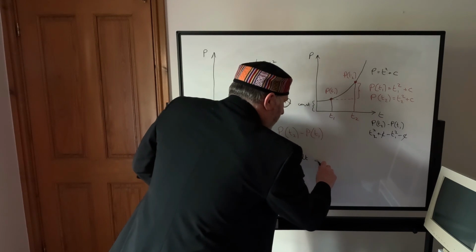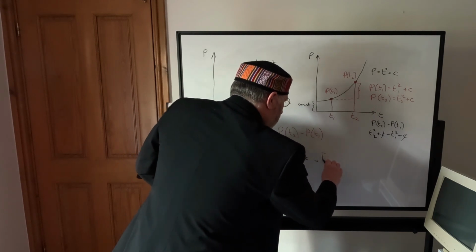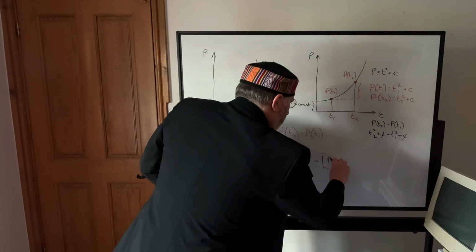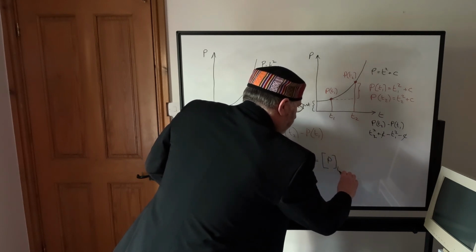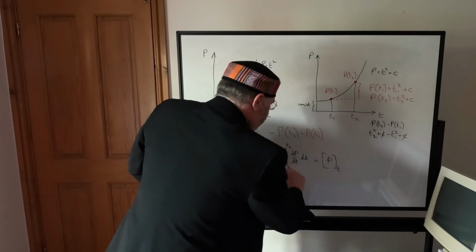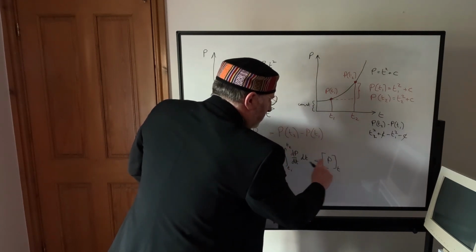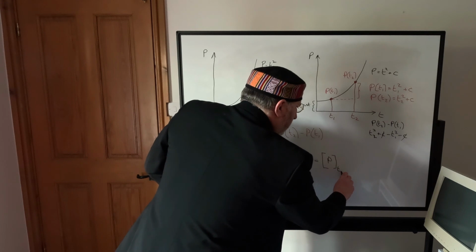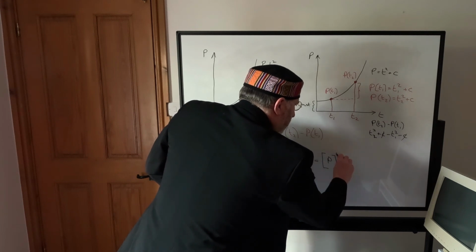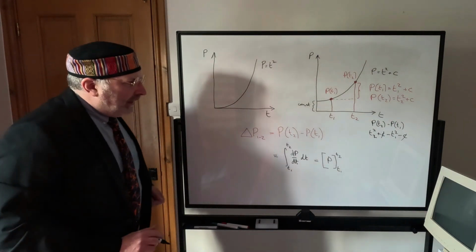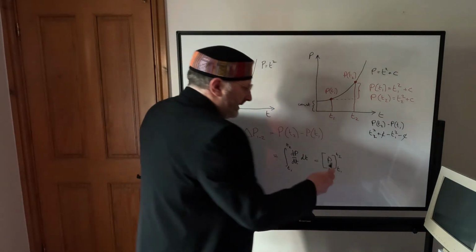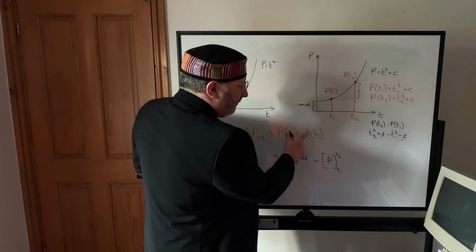Well, the way we write that is the integral from t1 to t2 of dP by dt. We write this square brackets, it's P between t1 and t2. And all that means is that's just a shorthand way of writing this.